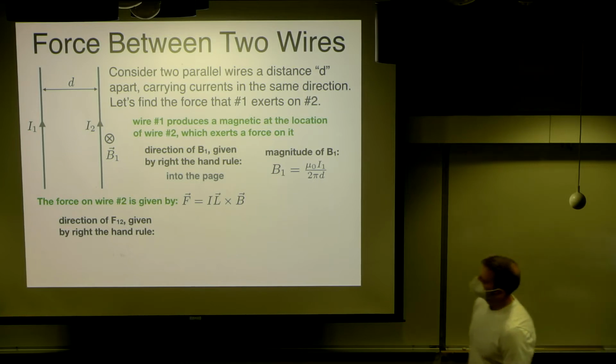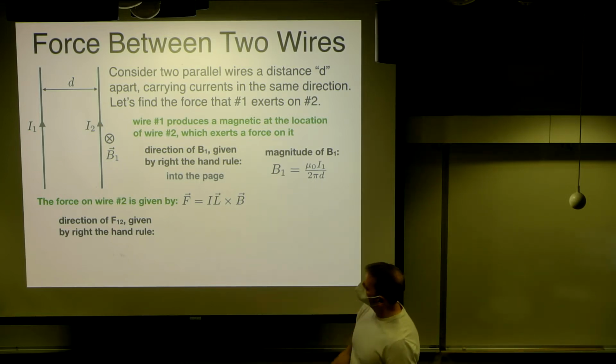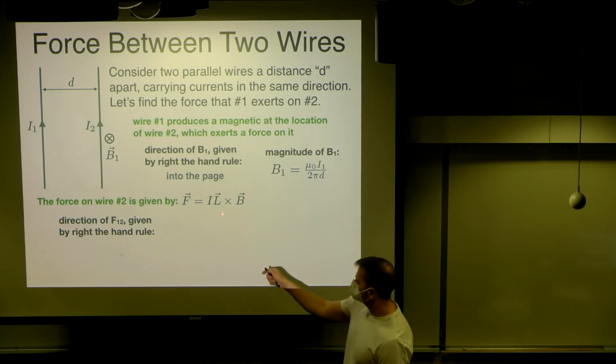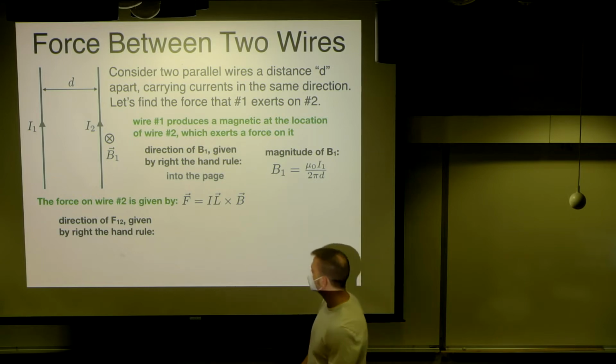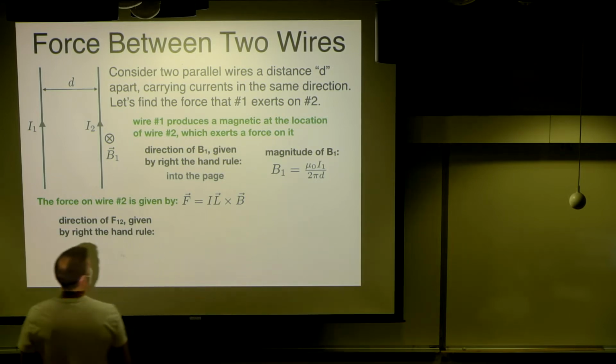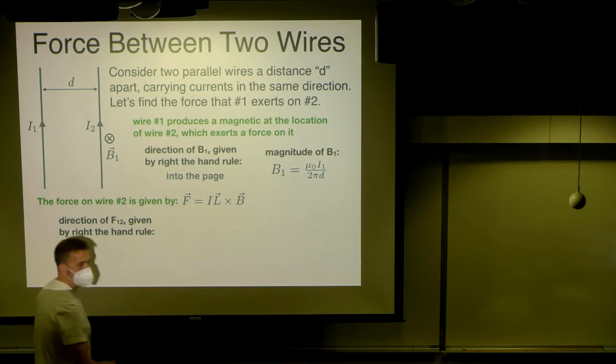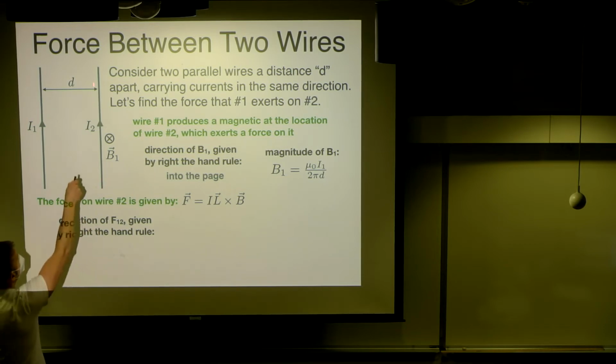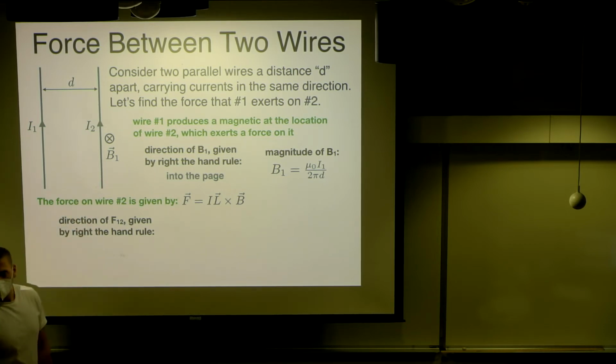The direction of the force that 1 exerts on 2, given this equation here, we're just doing the right-hand rule, so let's think about it. We take L, which goes in the direction of the current, okay? And then we cross with B. B is going into the page. The current is going up. So here, let's do it.